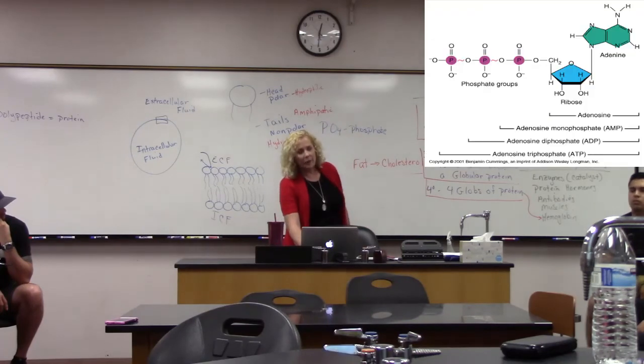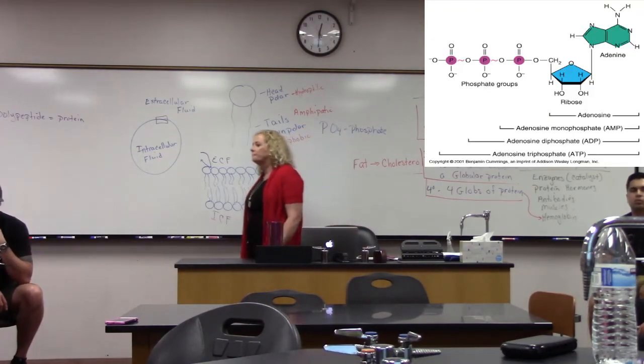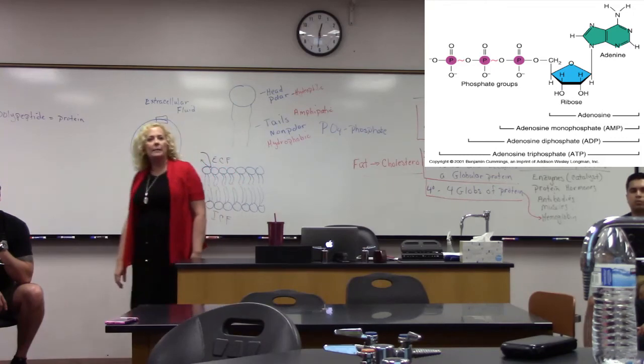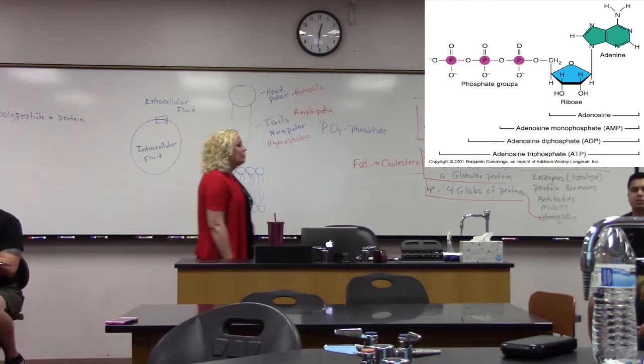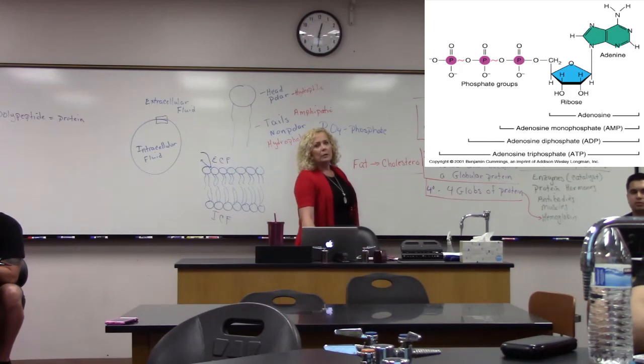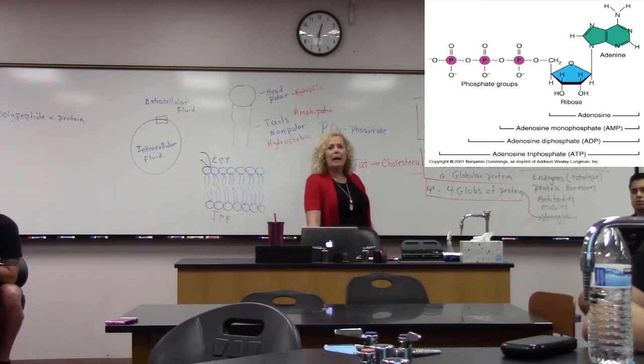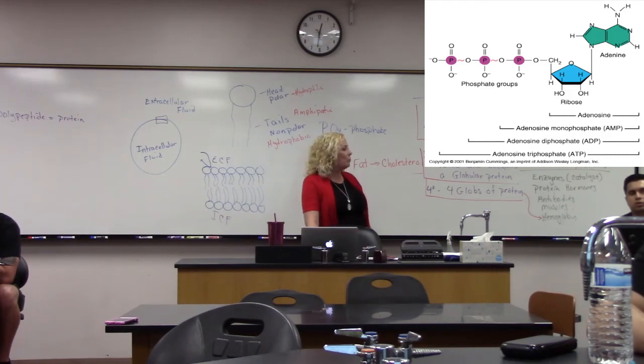Now that phosphate comes from this molecule here. This molecule is called ATP, or adenosine triphosphate. So ATP is made out of an adenine plus a ribose sugar and 3 of our PO4, or phosphate, groups. And you end up with adenosine triphosphate. We can take one of these phosphates off, add it to a protein, break some hydrogen bonds, get a shape change.